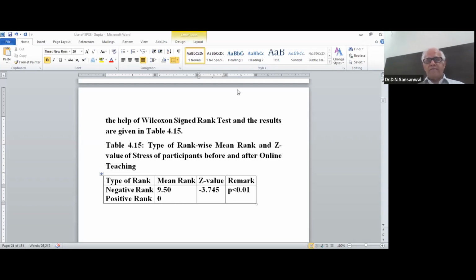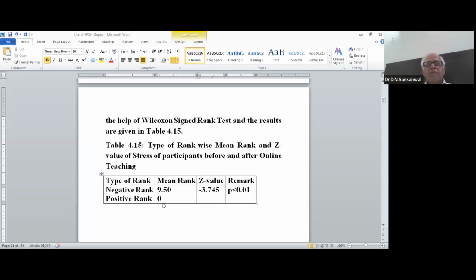Yes, you have said it very right. Your negative mean rank is 9.50, which is significantly higher than your mean positive rank.